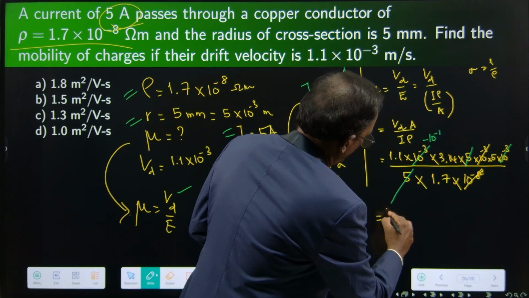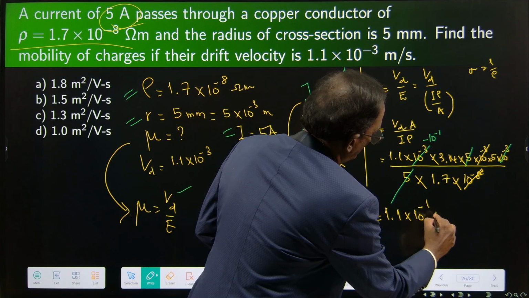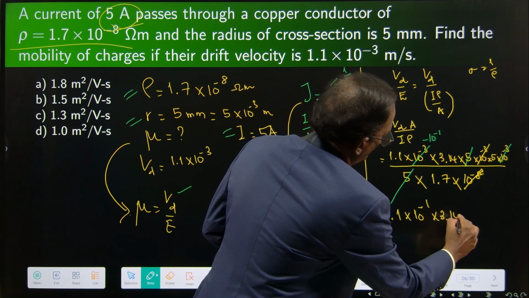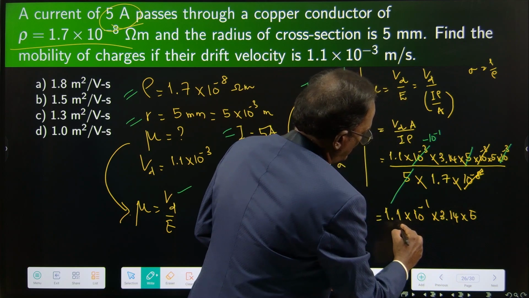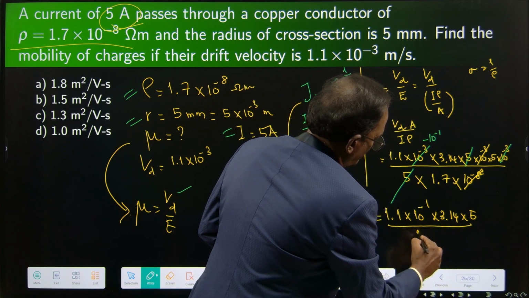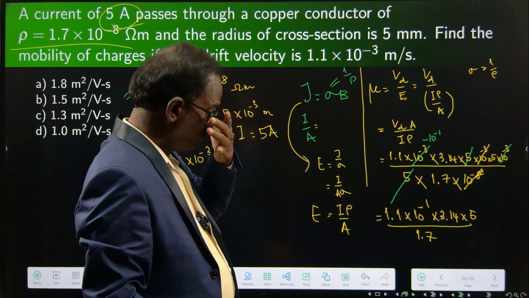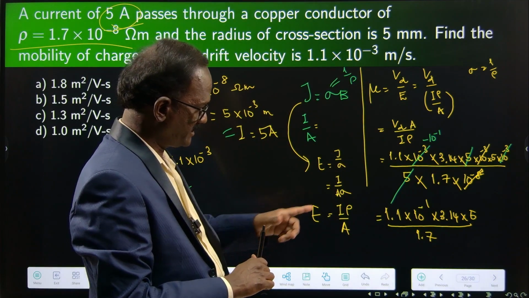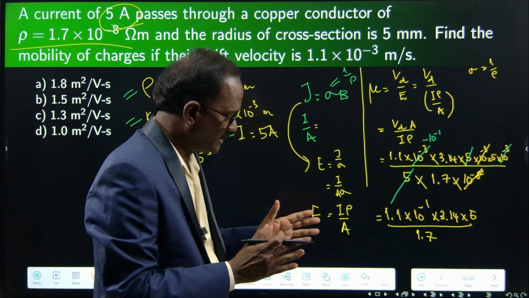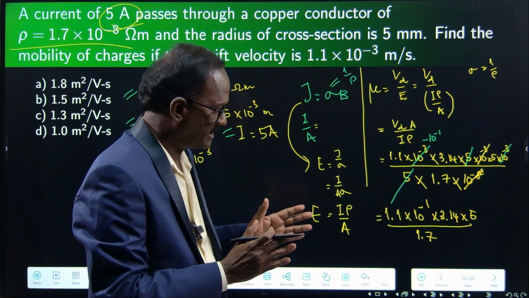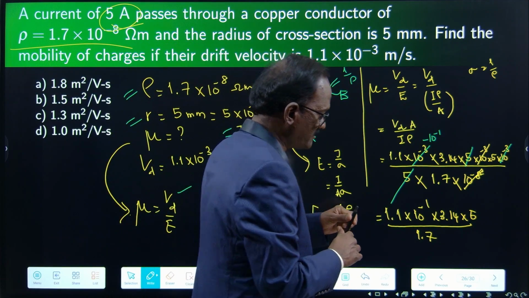Let us rewrite it as 1.1 into 10 power minus 1 into 3.14 into 5 divided by 1.7. This has to be simplified. 1.7, if it is 3 some approximation, right? We will approximate it and quickly get one result. Then we will find the closest answer, right?